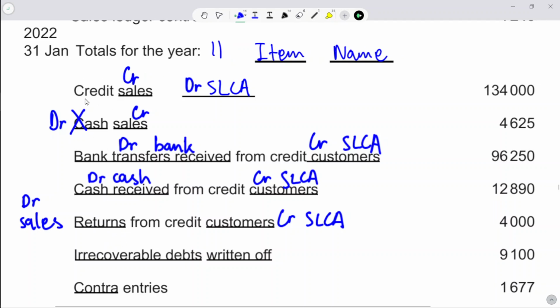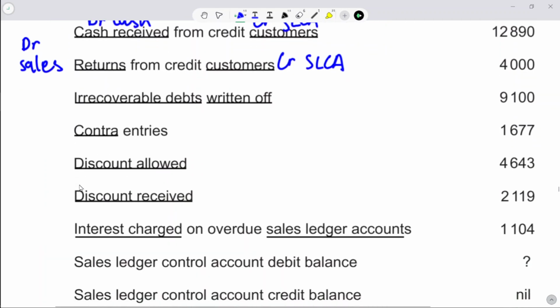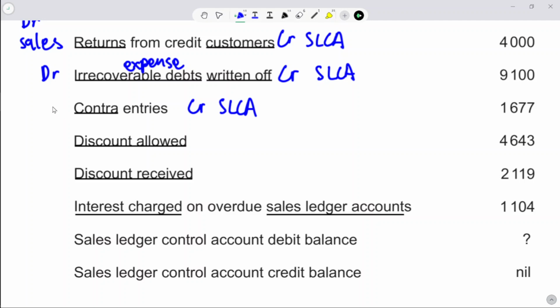Okay, let me scroll down. The recovered bad debt is an expense, so you debit it. Now this writing off is you remove the SLCA. Contra will reduce the amount, will reduce SLCA, and then debit contra.